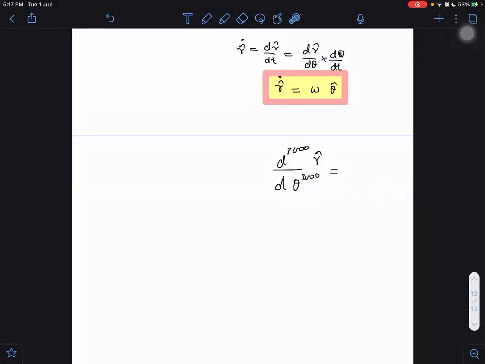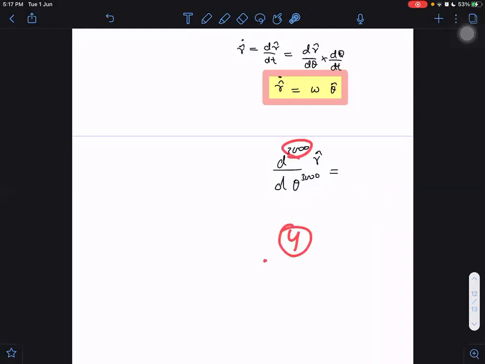Do one thing, don't find the angle. Sorry, my mistake, no need to find the angle. After every one derivative, it is turning by 90 degrees. After how many derivatives will it turn by 360 degrees? It will turn by 360 degrees after 4 such derivatives.